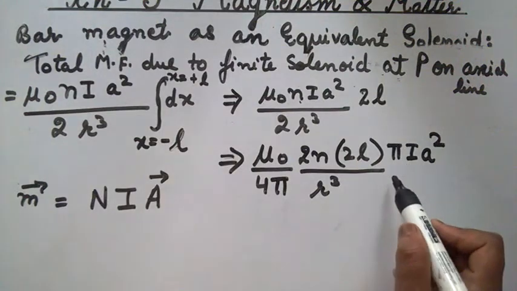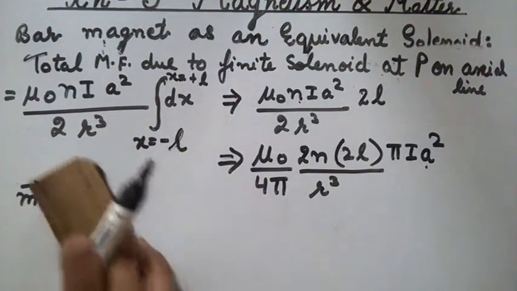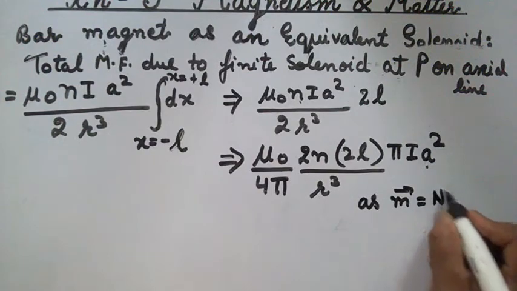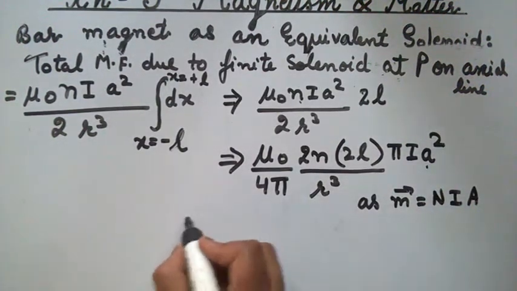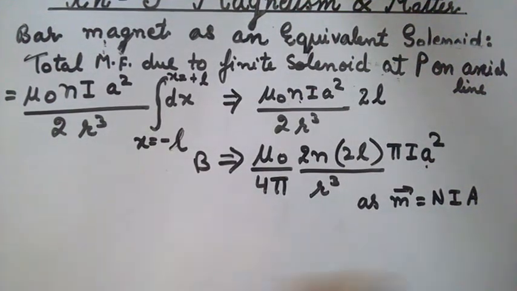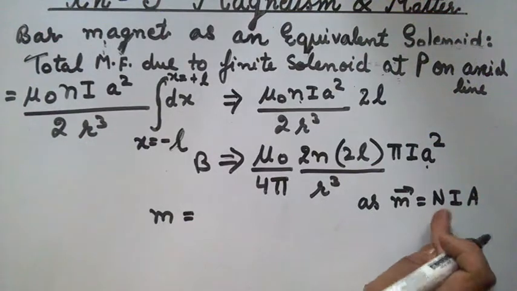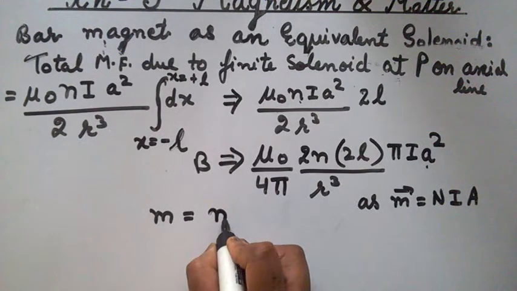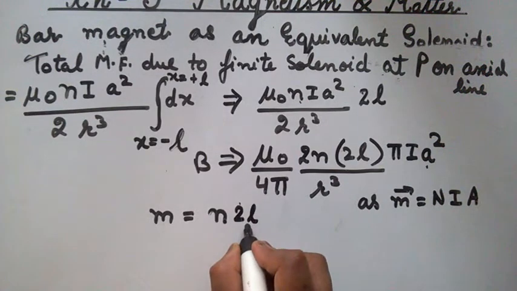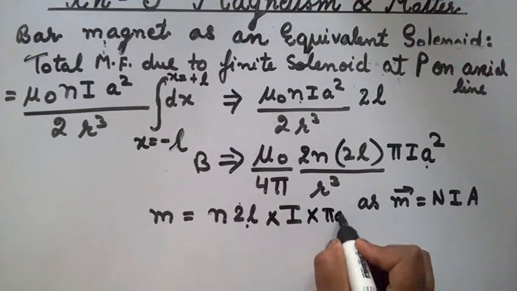Here area is equal to pi a square, I is given, so we can write magnetic field B equivalent to, first write the value of magnetic dipole moment, which is equal to capital N, number of turns per unit length into the total magnetic length, n into 2L, I and the area, that is pi a square.